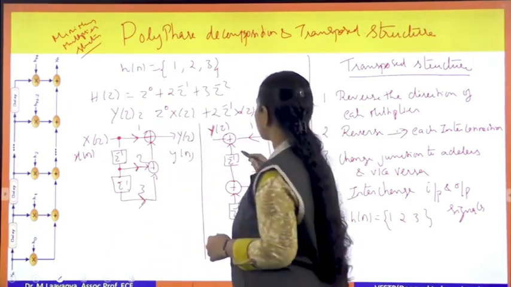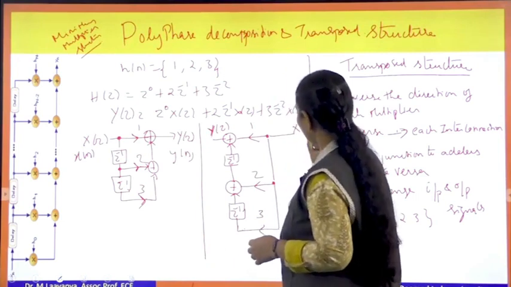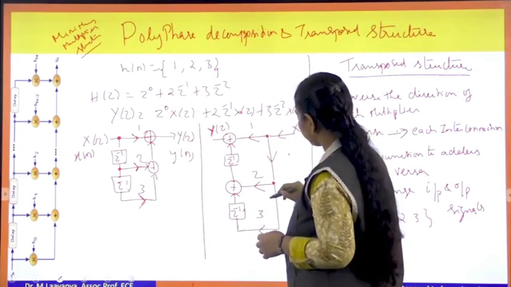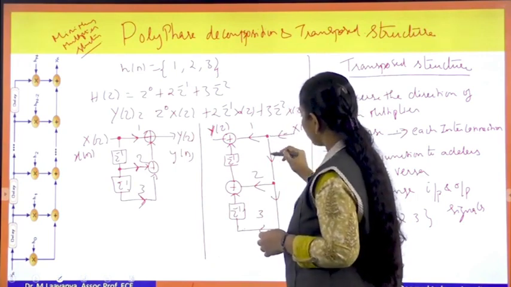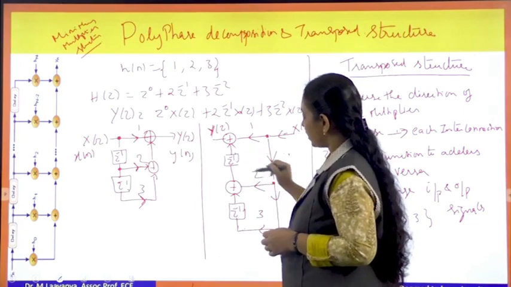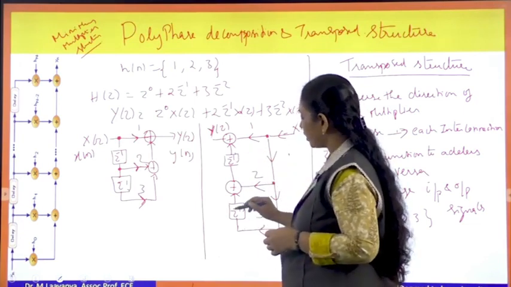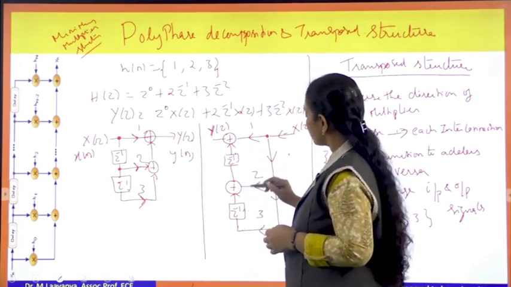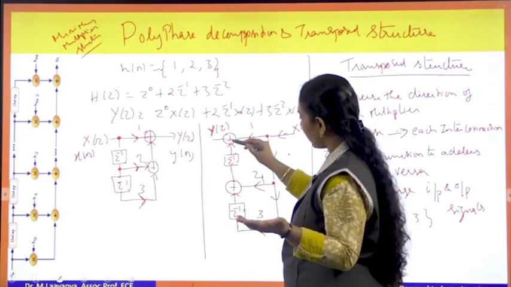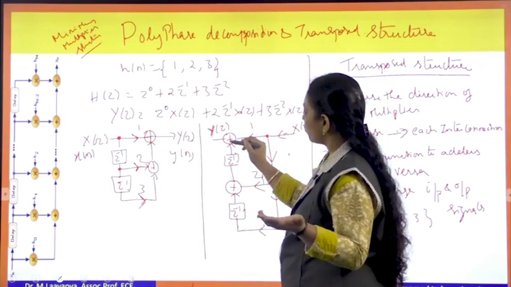And see the arrow marks, the arrow marks are here, and X of z is moving here, it is coming here and it is delayed. Here X of z coming over here, here it is delayed. So z power minus 1, so z power minus 2 delay I will get. Here X of z is moving here.